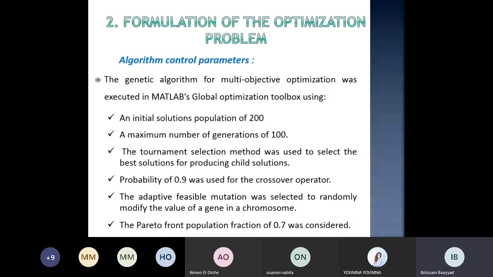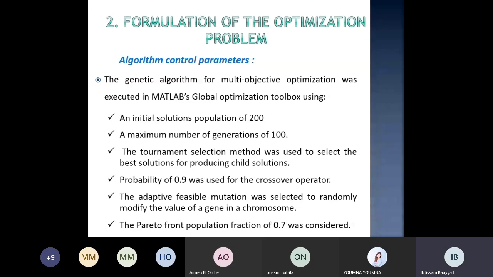A tournament selection method was used to select the best solutions for producing child solutions. A probability of 0.9 was used for the crossover operator. The adaptive feasible mutation was selected to randomly modify the value of a gene in a chromosome. The Pareto population fraction of 0.7 was considered.